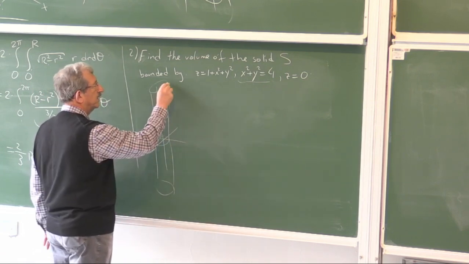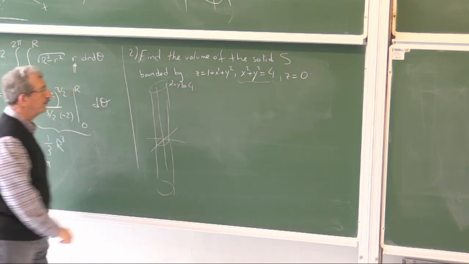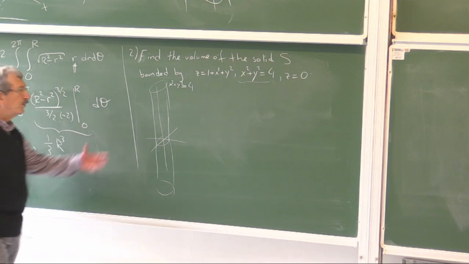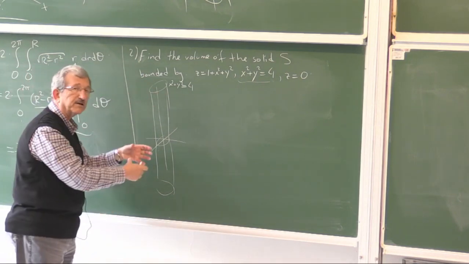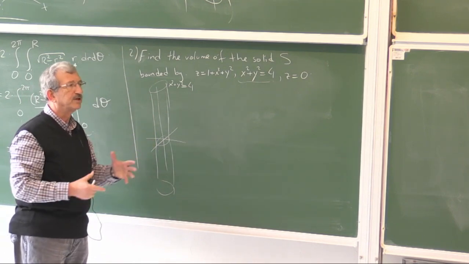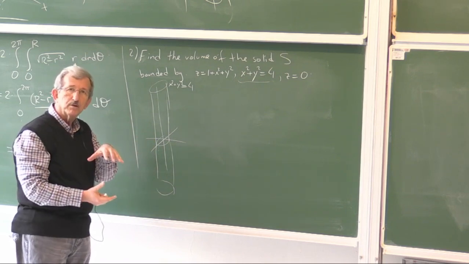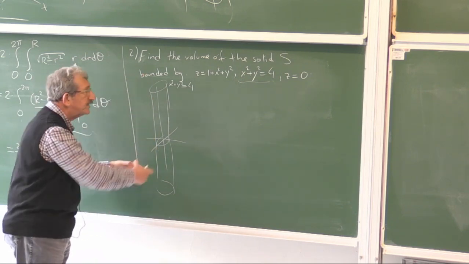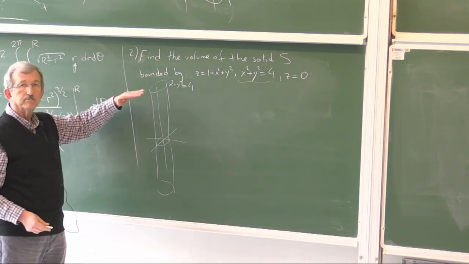This is x squared plus y squared equals 4. Well, what do we do with these sides of the cylinder? This is the sides of the cylinder. Inside is empty. So when I say cylinder, it's not an elementary cylinder, I mean in elementary geometry, which is full. These are just the surfaces. We cut it from top and bottom.